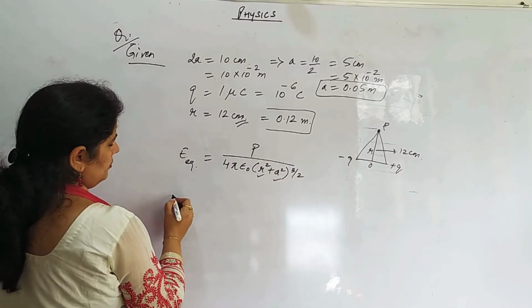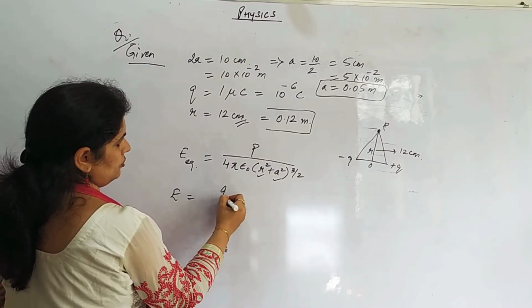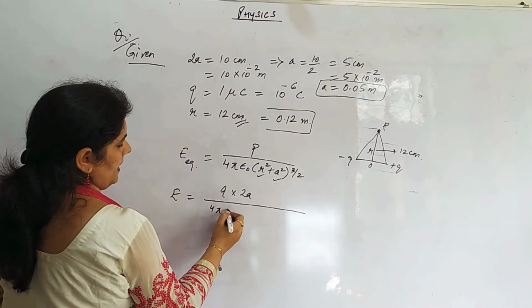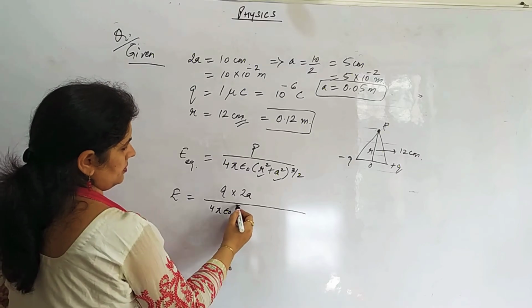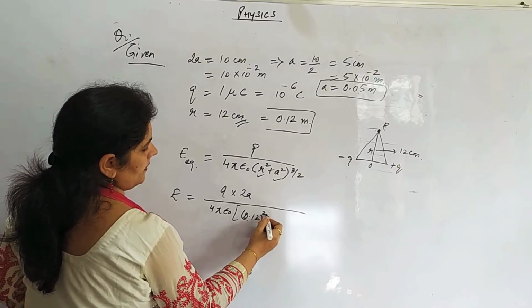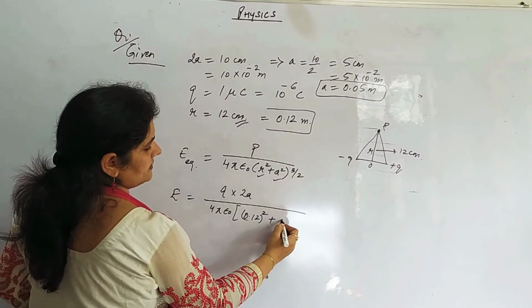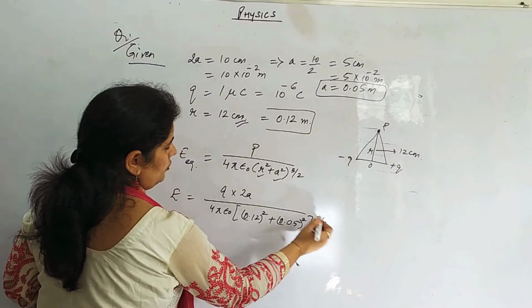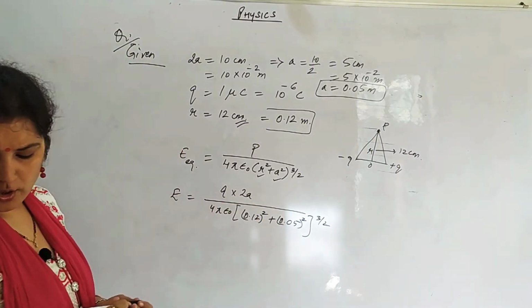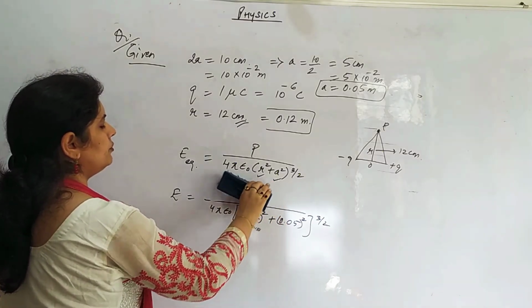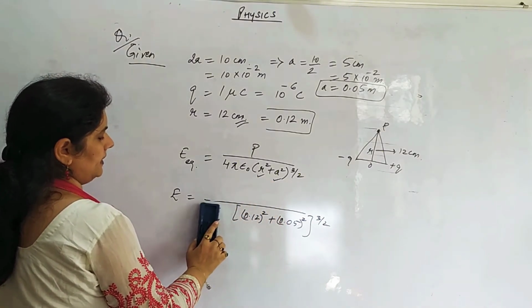We know the value. This is Q into 2a upon 4 pi epsilon naught, (r square plus a square) raised to power 3 by 2, where r is 0.12 whole square plus a square is 0.05 whole square. You can solve Q into 2a also. So rather than writing Q into 2a, we'll write down the values directly.